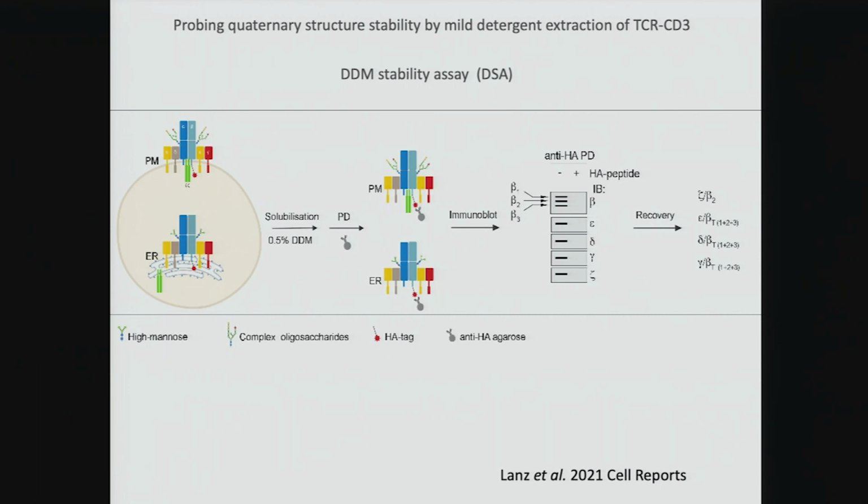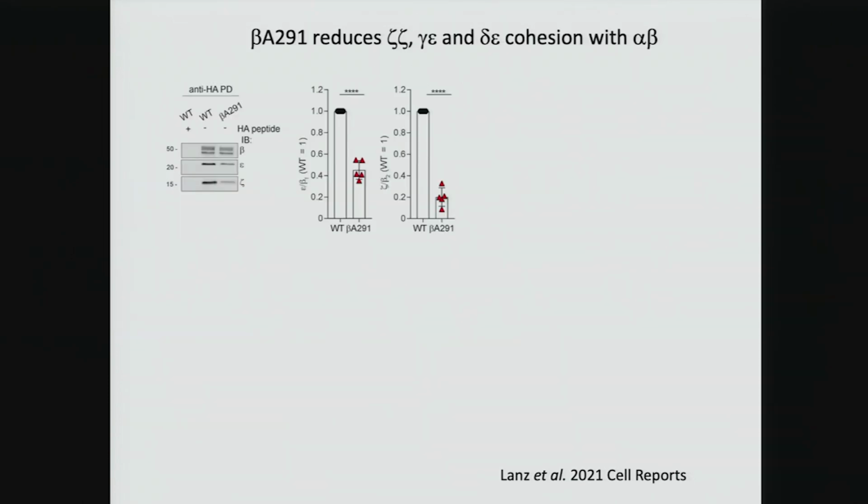If we now go into the mutant, what happens? The mutant showed exactly what's predicted. If you look at what the mutation does in terms of recovery of zeta or epsilon, it is decreased. I added a sentence here to say that it is not possible that those are detached already at the plasma membrane, because otherwise the receptor would never go to the surface.